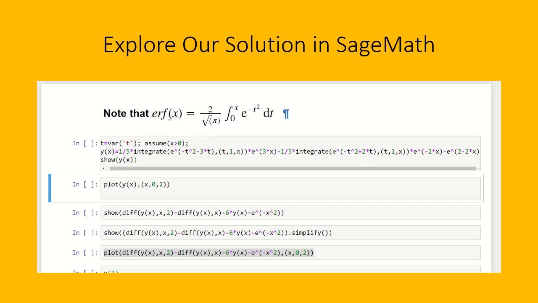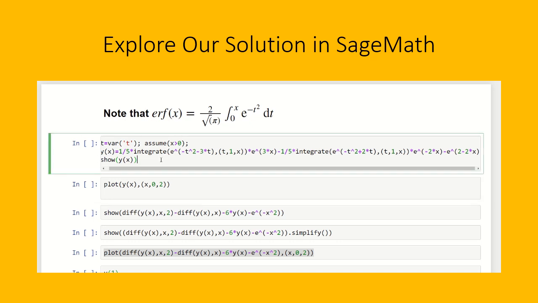There's a built-in function in SageMath, a standard special function, the error function of x, and it's defined to be 2 over the square root of pi, the integral from 0 to x of e to the minus t squared dt. So SageMath will write y of x using this error function.